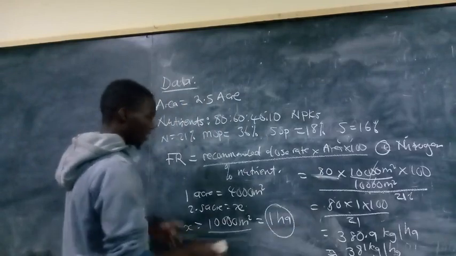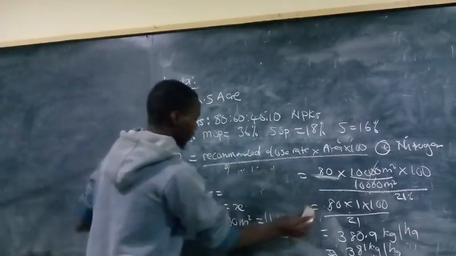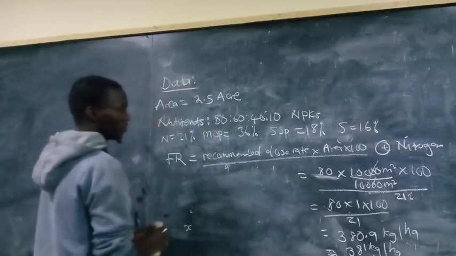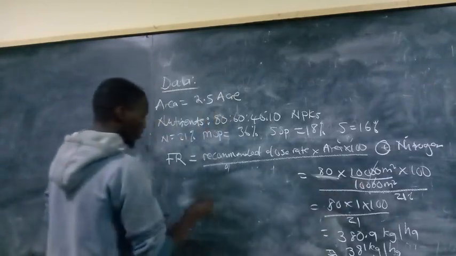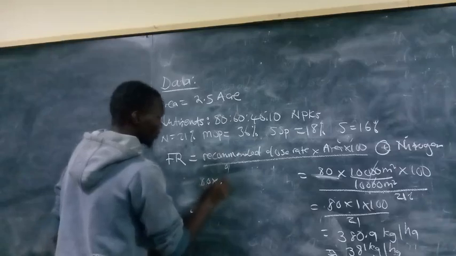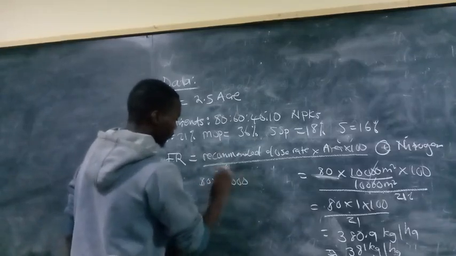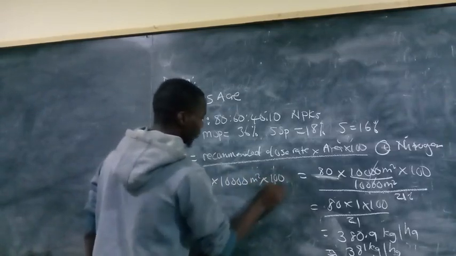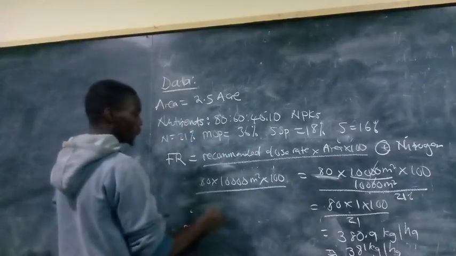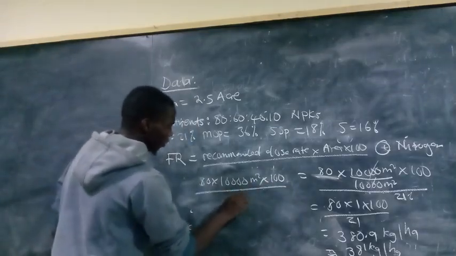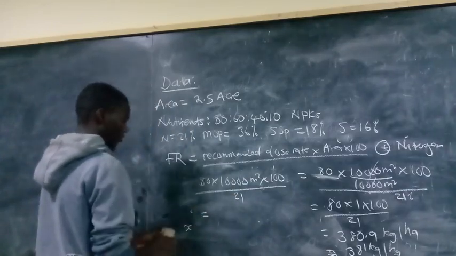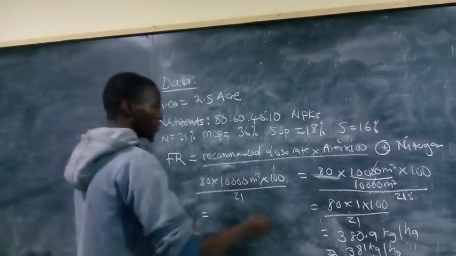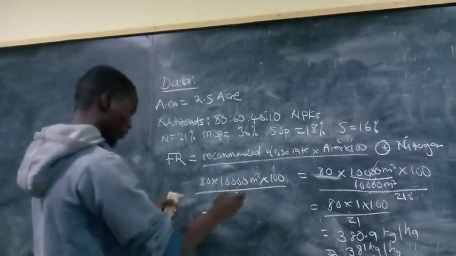Then the other way we can solve this, because I want to show you for nitrogen, then the rest we won't have to do this. You pick it up from here, so we say 80 by 10,000 square meters by 100. We divide this by 21. You may do it directly, then do the conversion to hectare later, after you do this calculation.